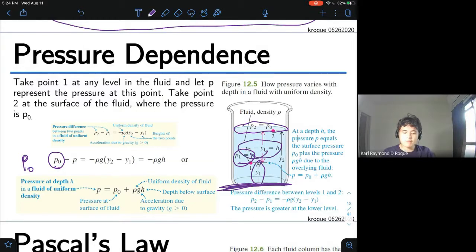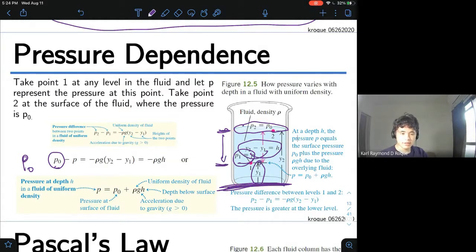P equals P naught plus rho GH. This is a very familiar formula to you, I'm sure. Pressure at depth H in a fluid of uniform density is the pressure at the surface of the liquid plus rho g times the depth below the surface. Yun. No? Yun. Basically, your height is defined from the surface. From this point hanggang dito.